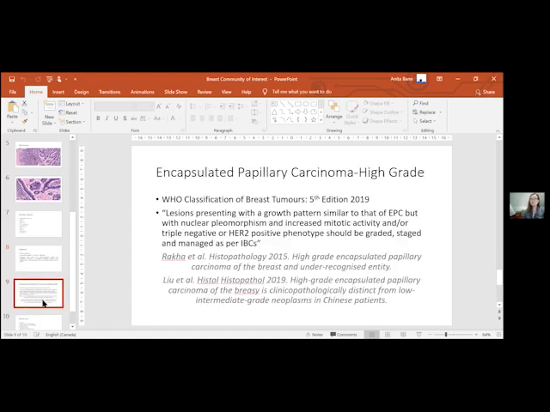So just a quick word on how this encapsulated papillary carcinoma with high-grade cytologic features has been reclassified using the 5th edition of the WHO Blue Book.